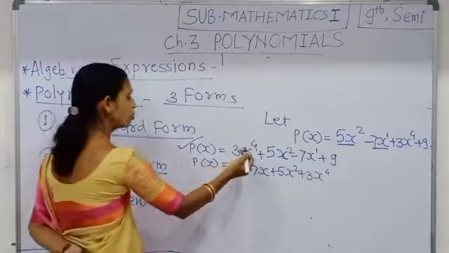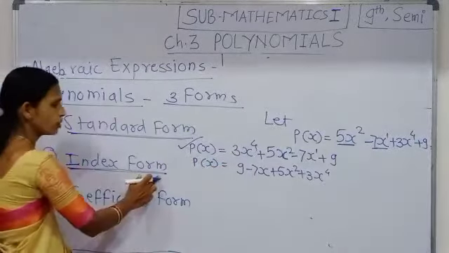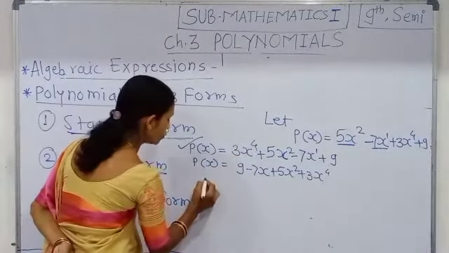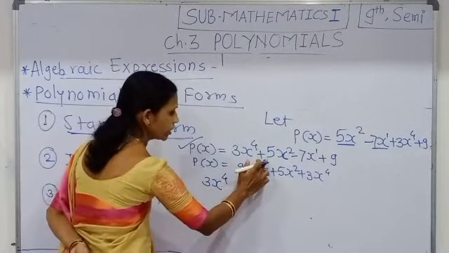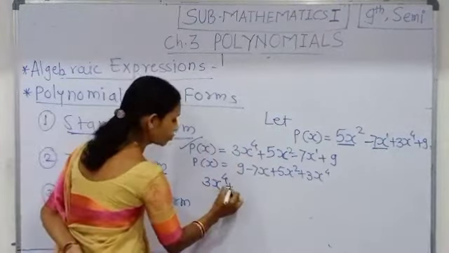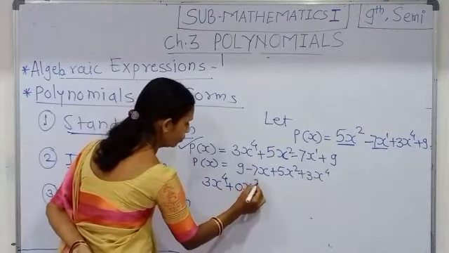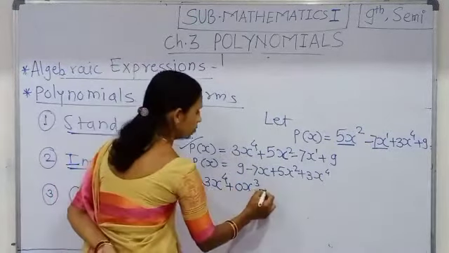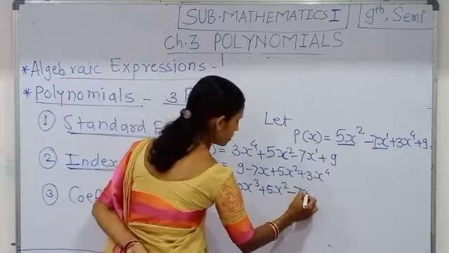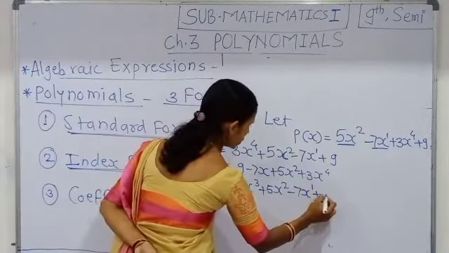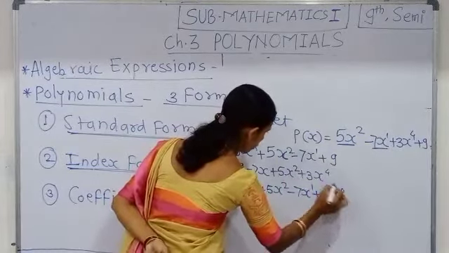Then we have to convert it into index form. To convert it, we write 3x raised to 4. Here the cubic term is absent, therefore we write 0x cube. Then plus 5x square minus 7x raised to 1 plus 9x raised to 0.